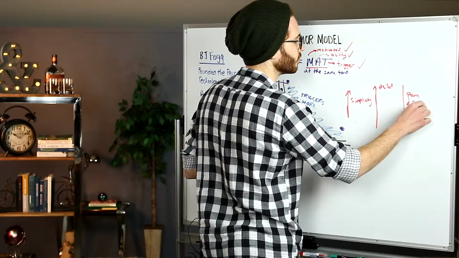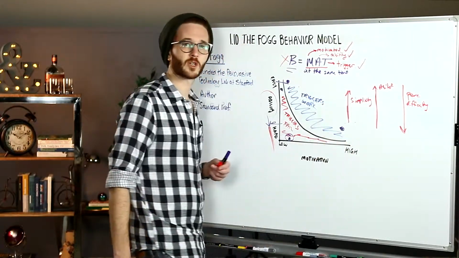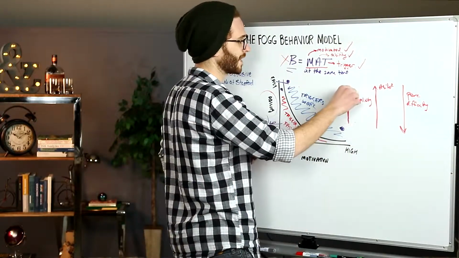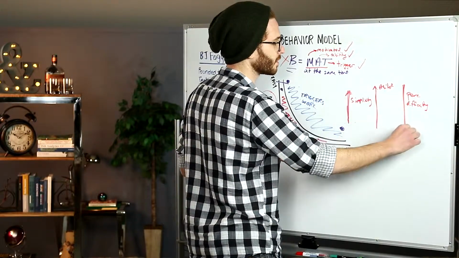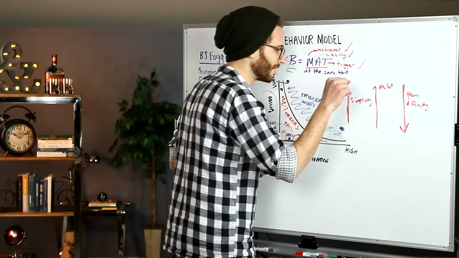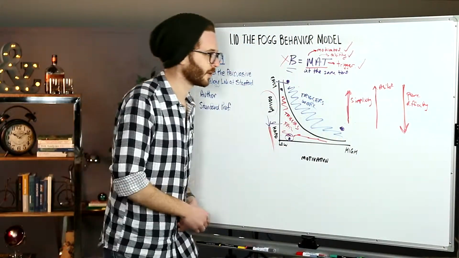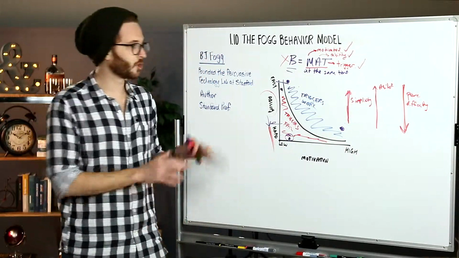Okay? That's huge. As you increase the simplicity of your conversion action, as you increase the simplicity of your landing pages, you decrease the perceived difficulty of the conversion action that you want your visitors to take. That's crucial when it comes to understanding good landing page design.